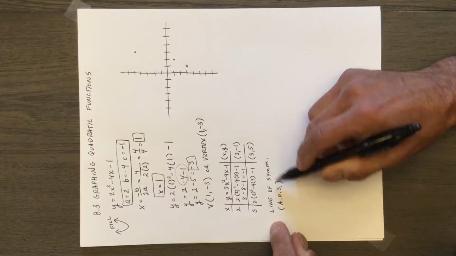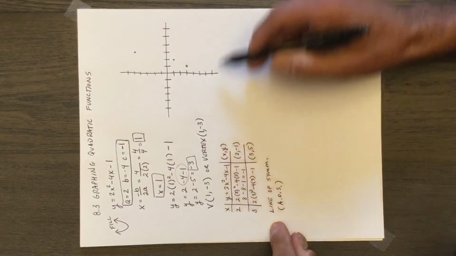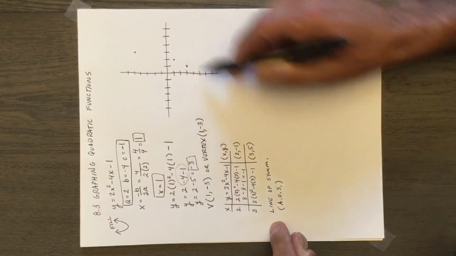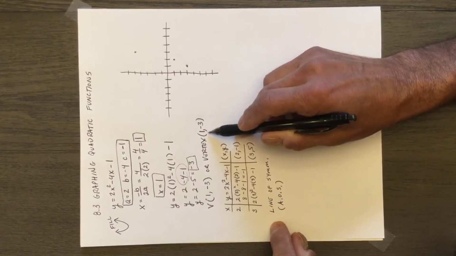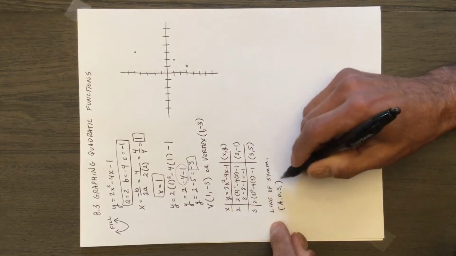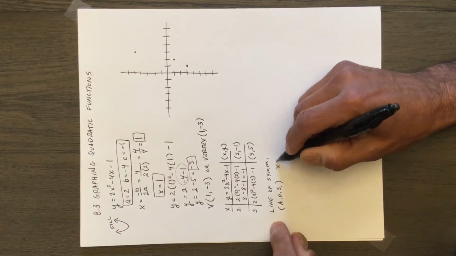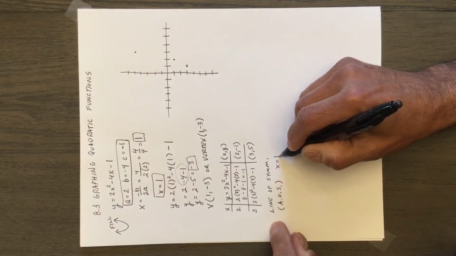That is the x value of the vertex, okay? Your line of symmetry is your x value of your vertex. So in this case, my x value is a 1. So my line of symmetry is x equals 1, okay?